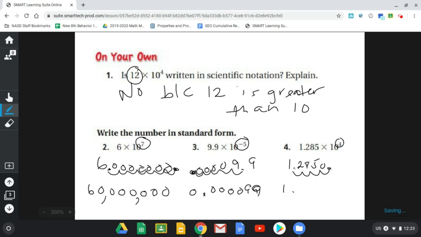Sorry, no point there, my bad. 12850. All right, don't make the mistake that I just made, which I've seen a bunch of times. I see somebody put the original decimal point into the new number and they end up having the wrong answer. So make sure you only have the new decimal point. Once we move the decimal point, it's no longer there. All right, so please make sure that you don't make that mistake that I just did.